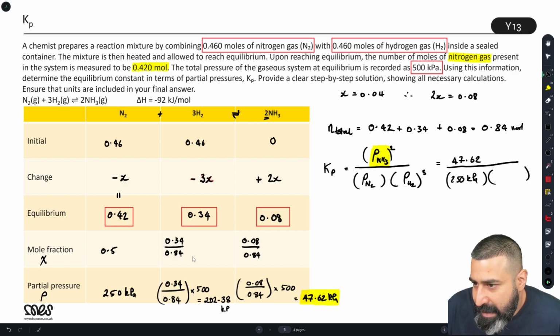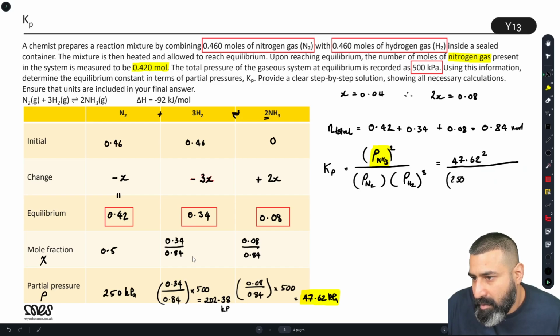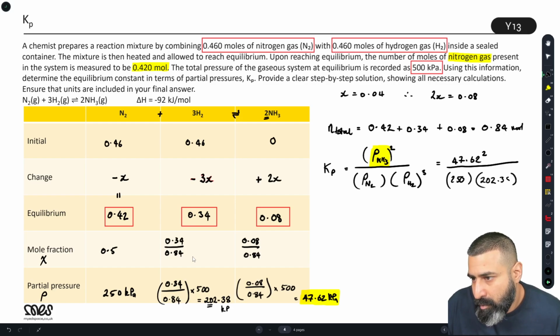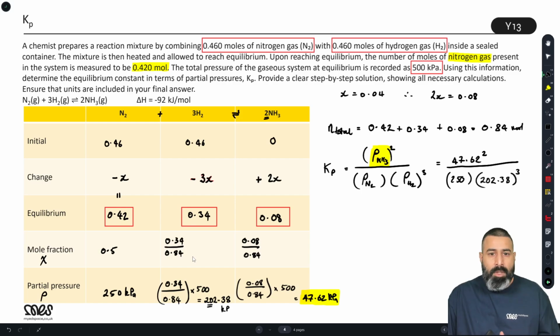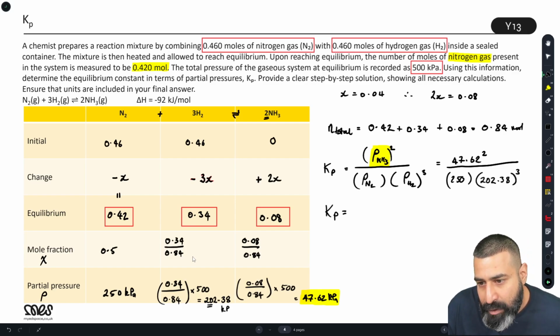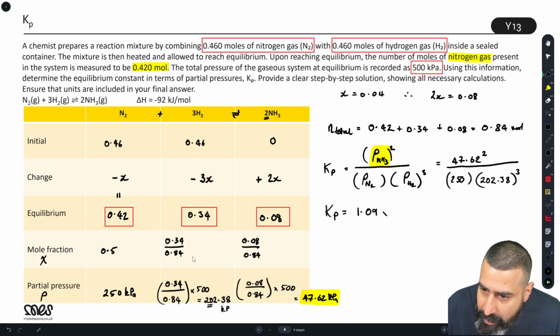I'm just going to leave the units out actually for a second to make my life easier. All right. And then, so my hydrogen value is 202. And that is cubed. Okay, so now that we've got everything into our expression with Kp, put this into your calculator and you should get a value of Kp as 1.09 times 10 to the minus 6.